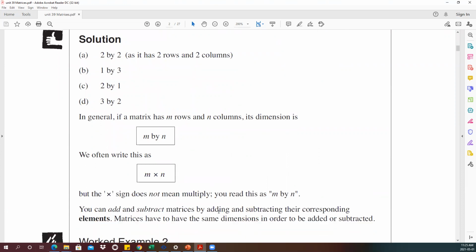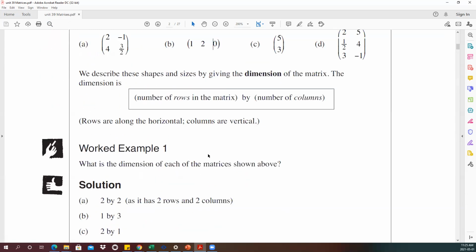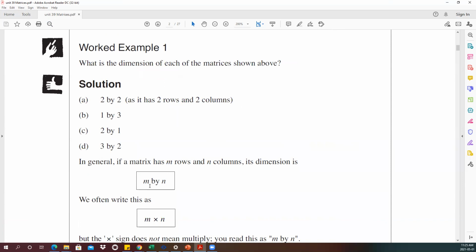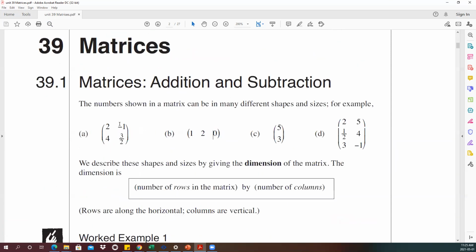Then it says you can add and subtract matrices by adding and subtracting their corresponding elements. Matrices have to have the same dimensions in order to be added or subtracted. Same dimension just means the same number of rows and the same number of columns. So if you got a question that asks you to add this matrix to another, the other matrix would have to be arranged so that it has the same number of rows, which in this case is 2, and the same number of columns, which in this case is also 2.